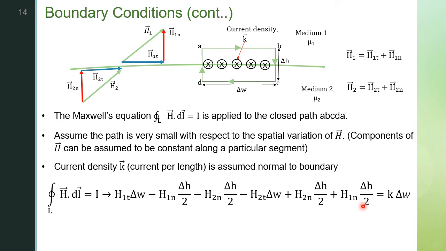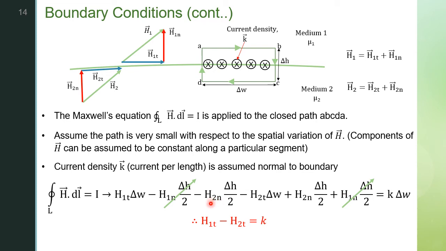Now, what is the current enclosed? It is measured in terms of current density, which is in ampere per meter. So, what is the length of this boundary? It is equal to delta W. So, if you multiply the current density by delta W, we will get the current I. So we'll do K into delta W. Now on cancelling the terms, the H1n and delta H by 2 and the minus H1n and delta H by 2 will get cancelled.